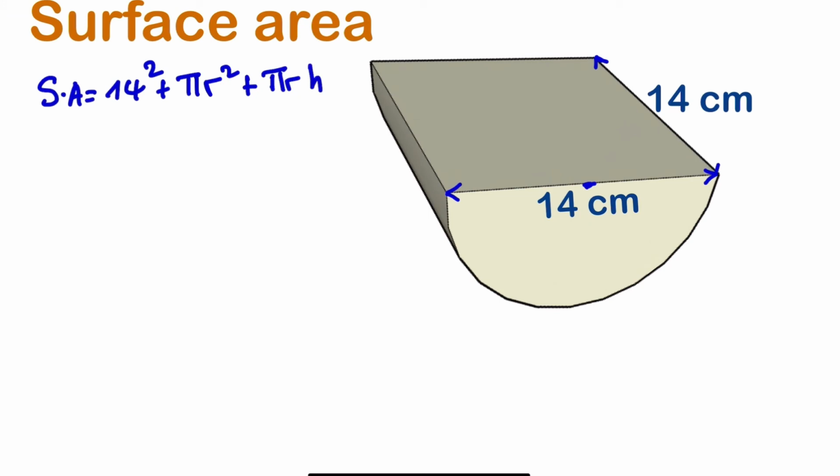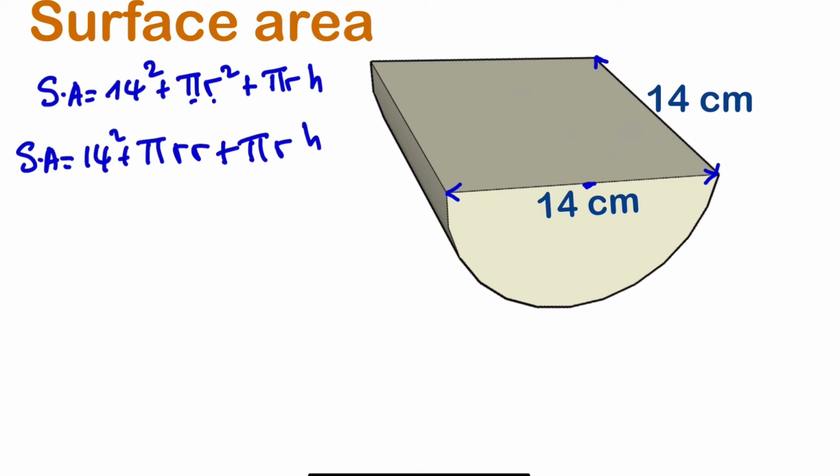Now to make this question easy for us, it's preferable if we factorize. So surface area will be equal to 14 squared plus pi r squared, which simply means pi times r times r, plus pi r h.